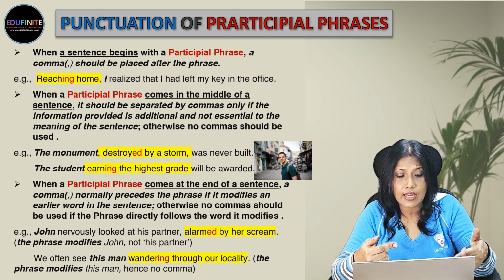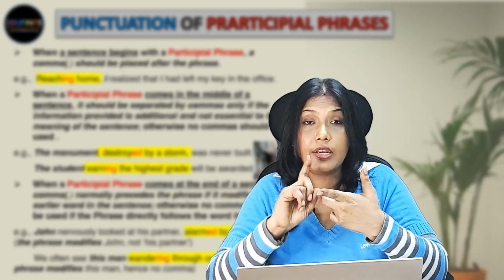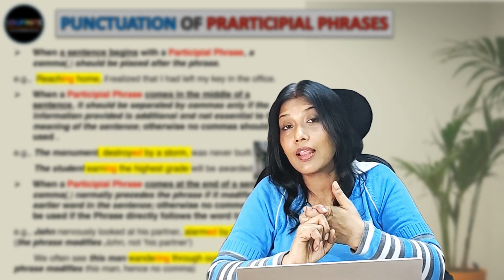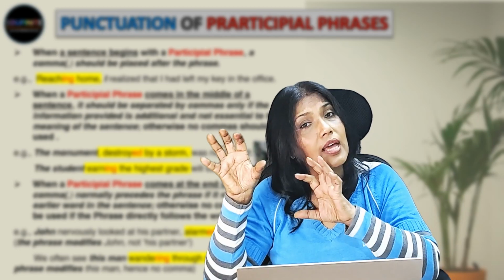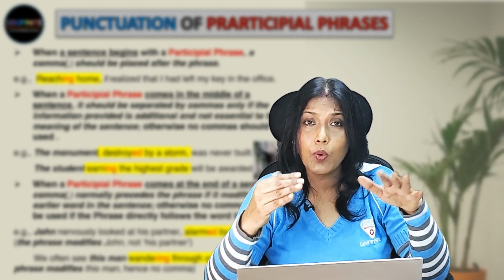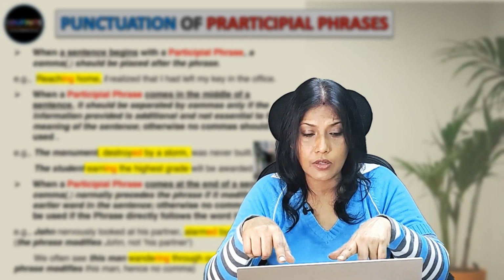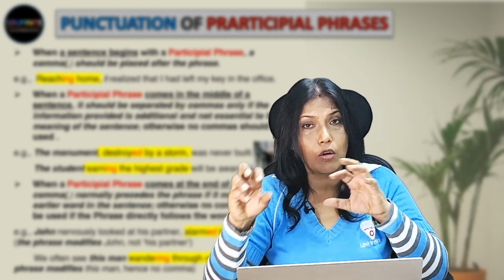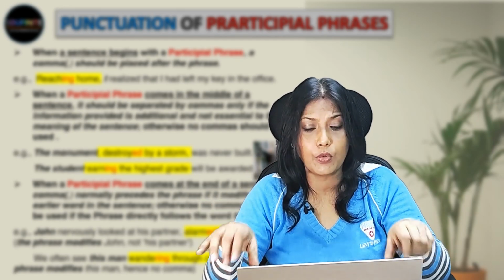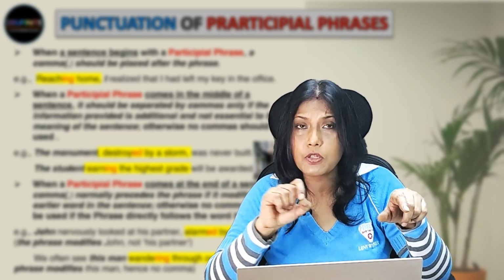But in the previous sentence, John nervously looked at his partner, alarmed by her scream, alarmed by her scream is modifying the noun John, which is way before the noun the partner. So to eliminate any confusion that alarmed by her scream is describing John, we put a comma.